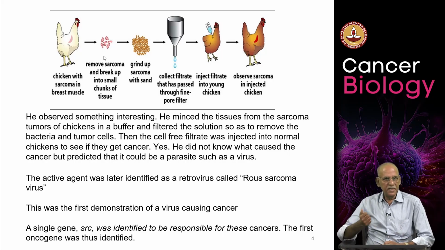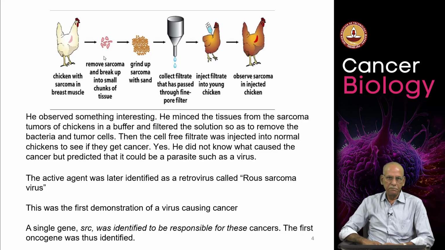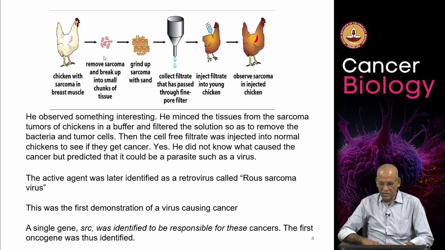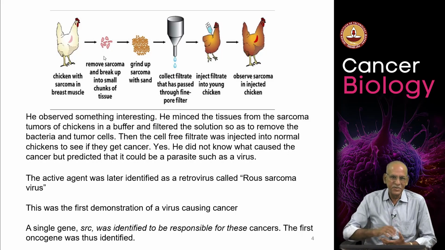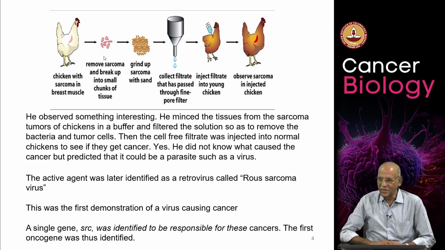He injected the filtrate into other normal young chickens, and he observed sarcoma in the injected chickens. This experiment will immediately make you think that cancer is spreadable. Suppose we inject cancer cells into other people, you think they will get cancer?